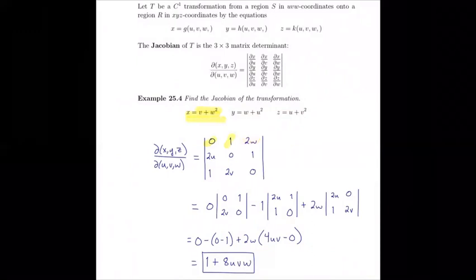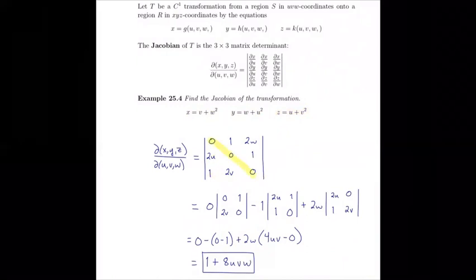Now we do the same for y. Take the partial of the function y with respect to u, then v, then w. And do the same for the function z along the third row, partials with respect to u, v, and w as we move left to right. Find the determinant of that matrix.